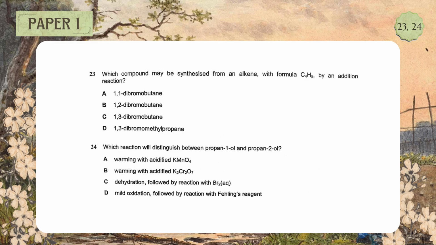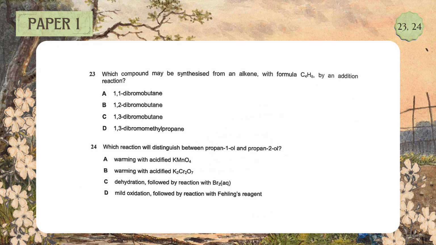Question 23. An addition reaction across an alkene double bond C=C means the two incoming atoms must attach to the adjacent carbon atoms that originally shared the double bond. If we react a butene isomer with bromine, then the two bromine atoms must end up on neighboring carbons, like positions 1 and 2.